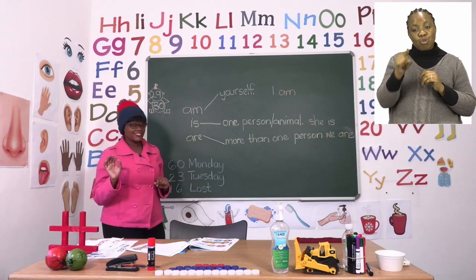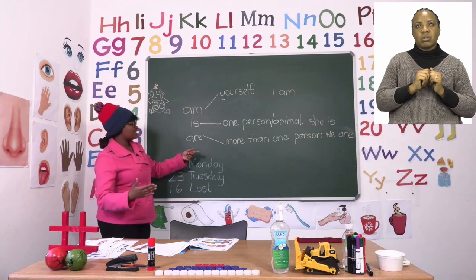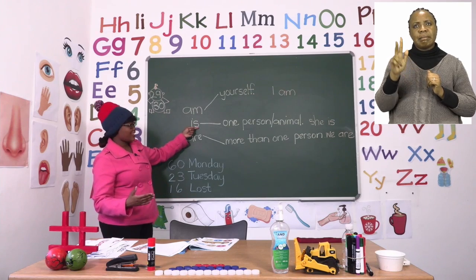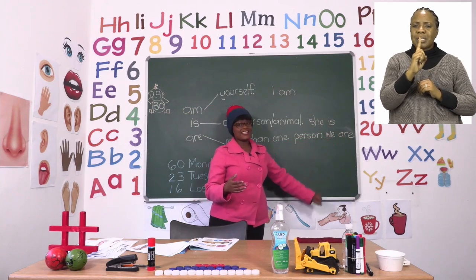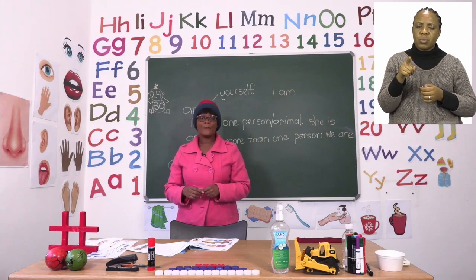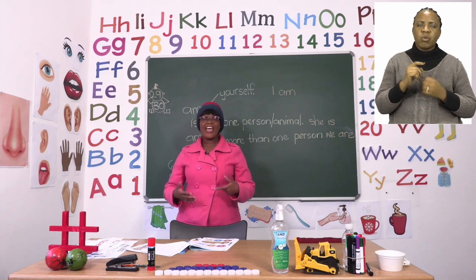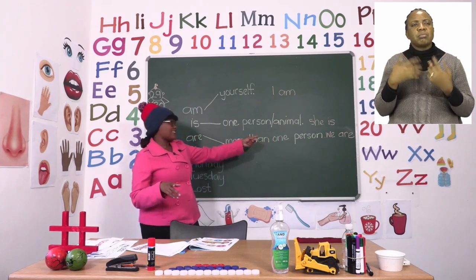Now it changes if it's someone else. If it's someone else, we use the word is. One person or animal. We say she is driving, hopping, playing. We're referring to one person.